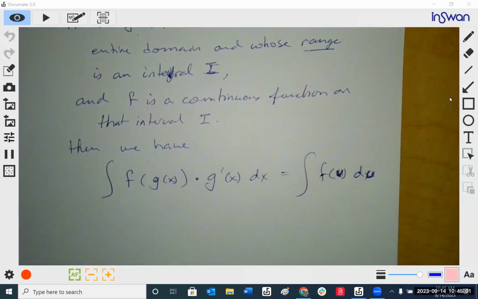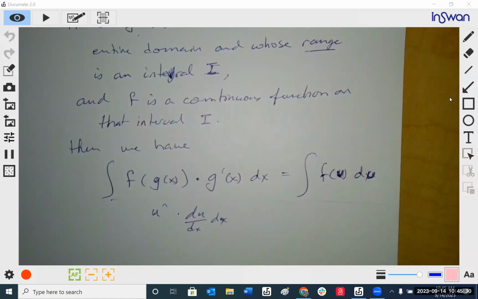How does this relate to the example we just did? Right, exactly. So this is u to some power times du, which is equal to the integral of u to the power n du, which is exactly what this is telling us it is.